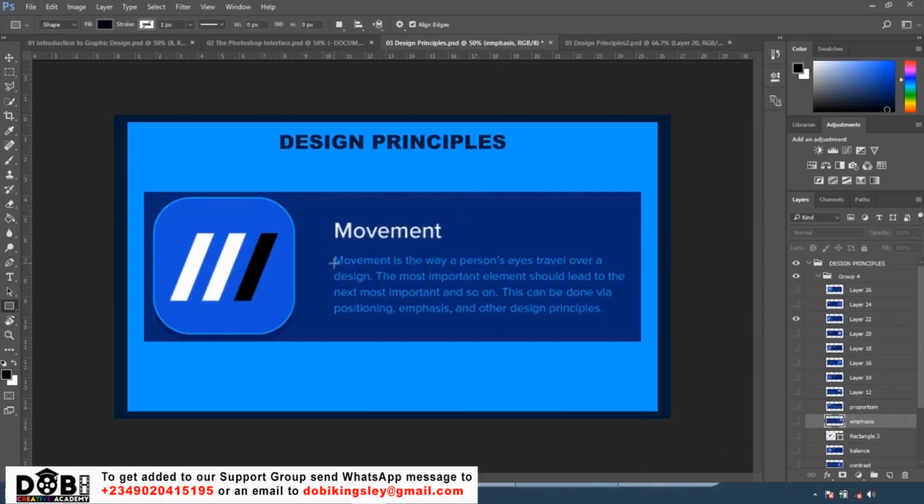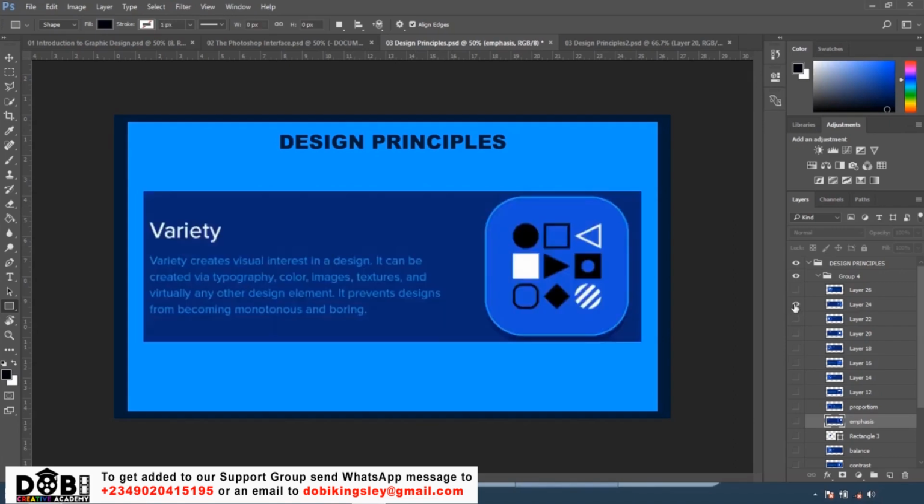After designing, take a look at your design. How well have you done in relation to movement? How would people's eyes move across your design? Is it going according to the way you want it to go, from the most important to the least important?